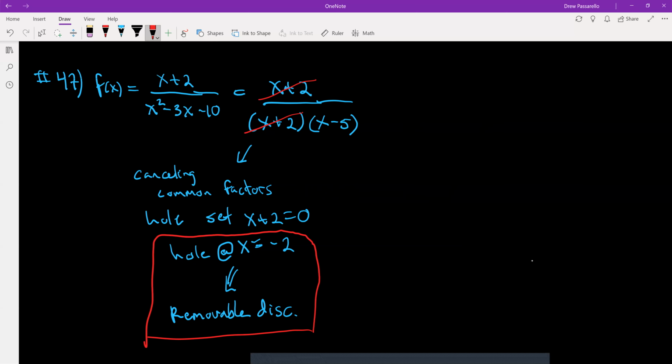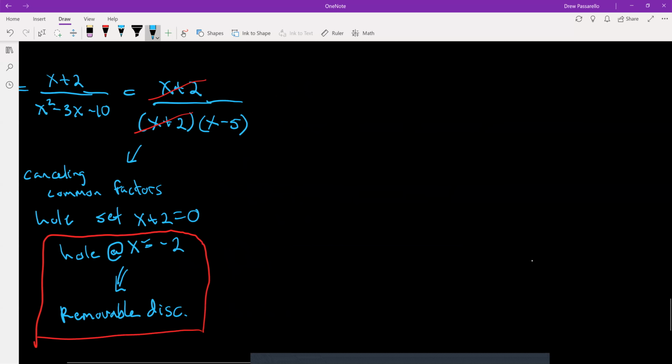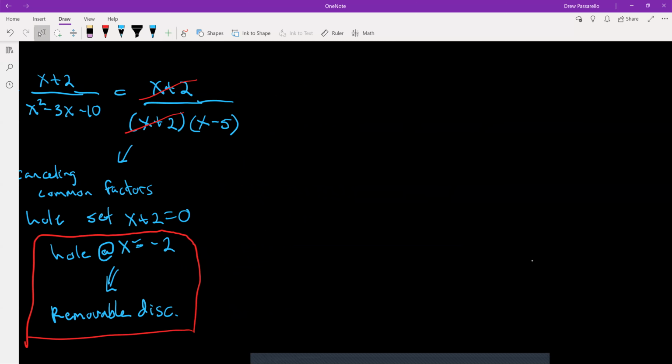Now, what I'm left with after canceling out common factors is 1 over x minus 5. So I set x minus 5 equal to 0. That gives me a vertical asymptote.